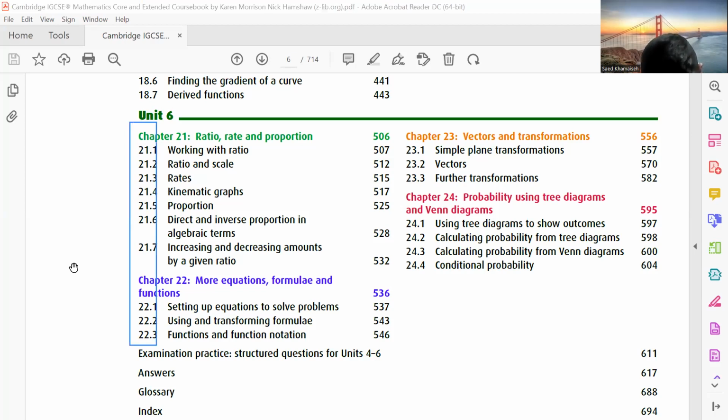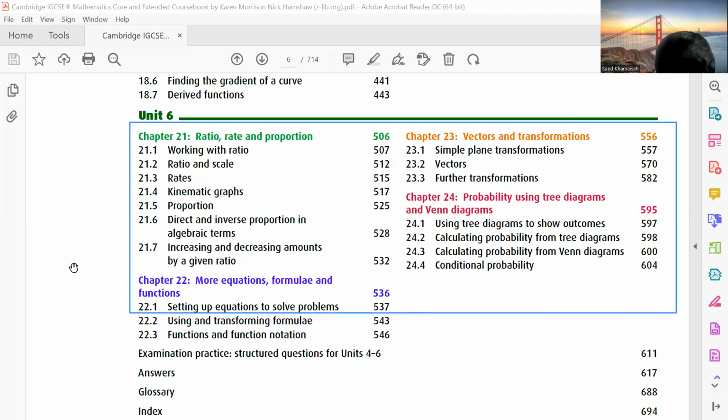Do you know that I see the last unit of any book as harder than any unit or any chapter? The last 4 or last 3 are harder than any chapters in the rest of the book. Maybe there are 1-2 chapters that are harder, but in chapters 23-24 they would be much harder.